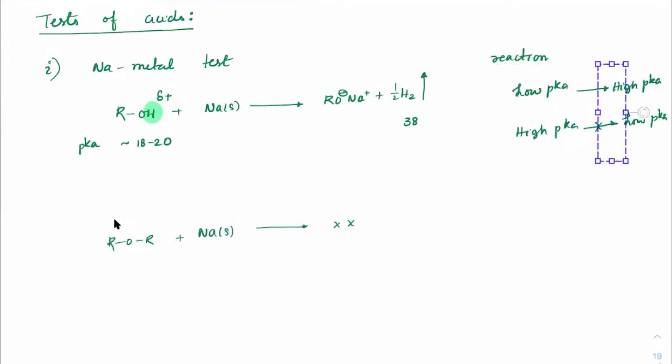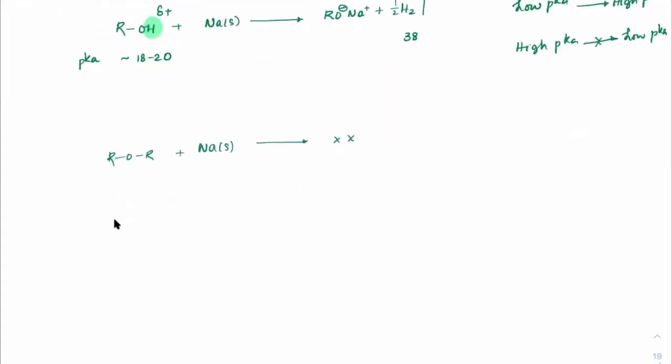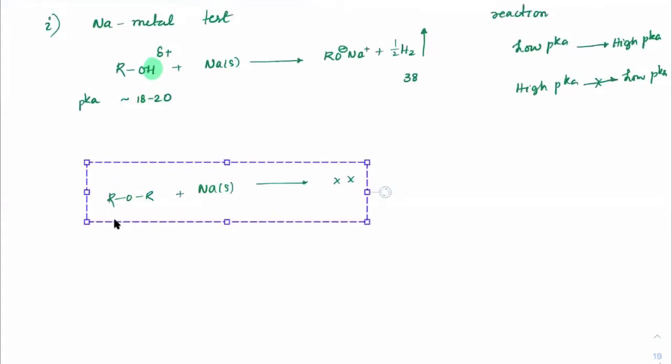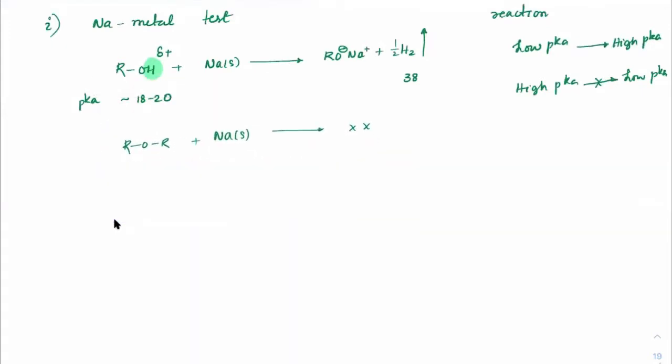It's pretty simple. Stronger acid will give you weaker acid, but weaker acid does not give you stronger acid. So if you were asked which of the following will give the positive sodium metal test, can you identify that, everybody? Please write down that as a question now.